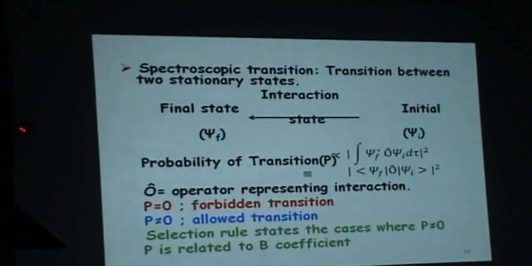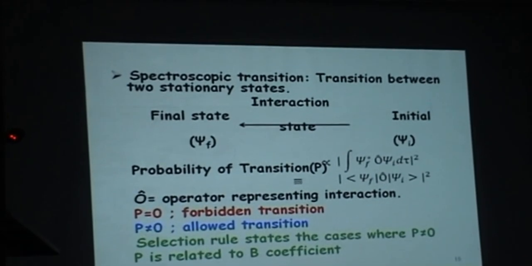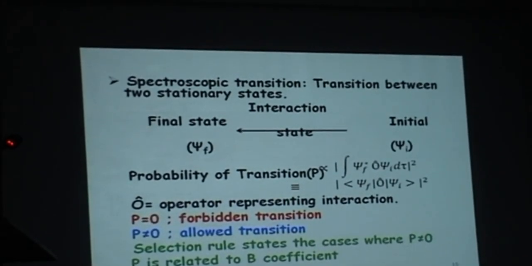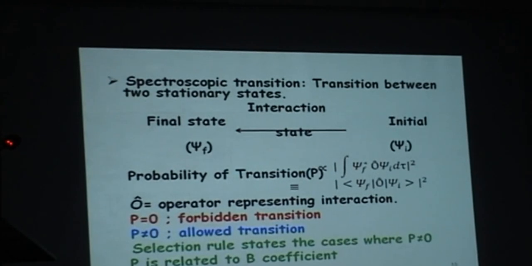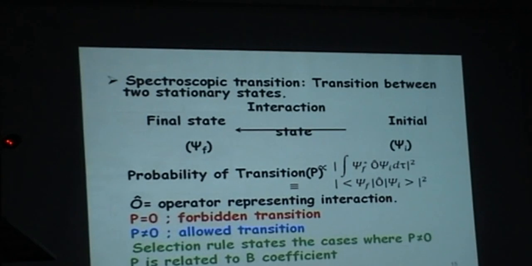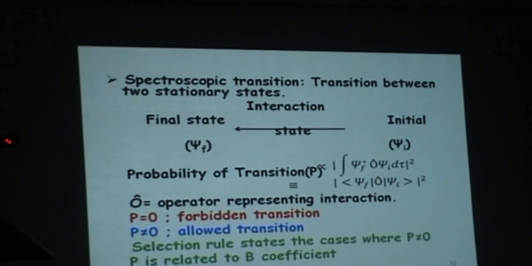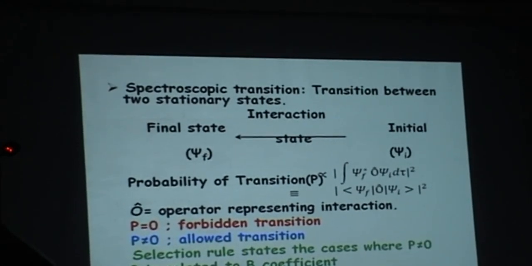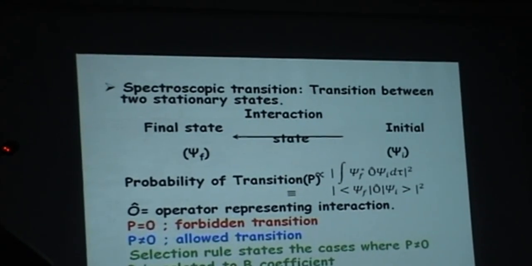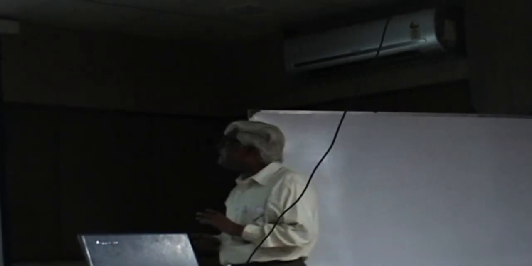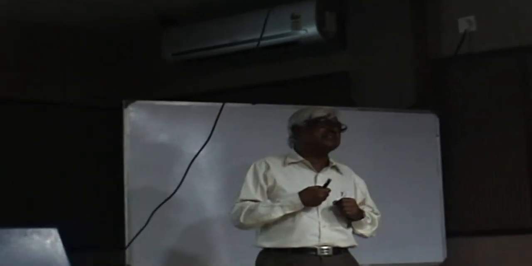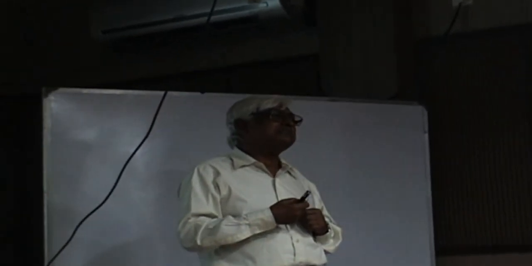Okay. Now, the initial state of the molecule or matter, that is a stationary state, has some wave function. We all know that every stationary state is associated with a wave function. So the final state is also associated with a wave function psi f, and an interaction is taking place so that it goes from the initial state to the final state. In quantum mechanics, this interaction is represented by means of some operator.